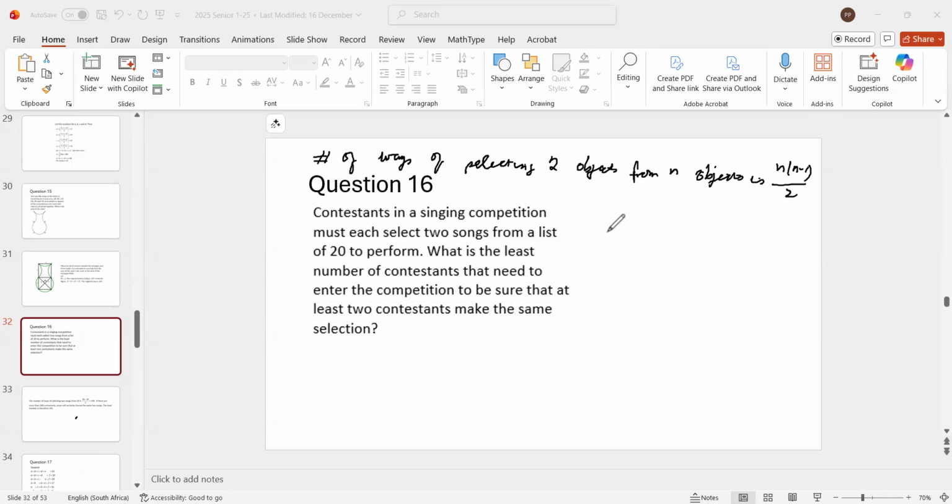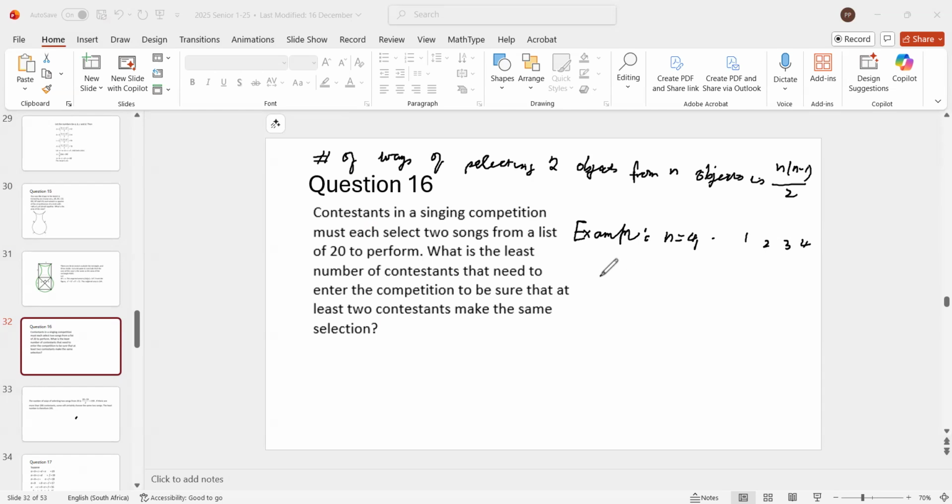If you want to understand where that came from, suppose you had 4 objects. Say n equals 4. Let's call the objects 1, 2, 3, 4. I want to select 2 objects from there.